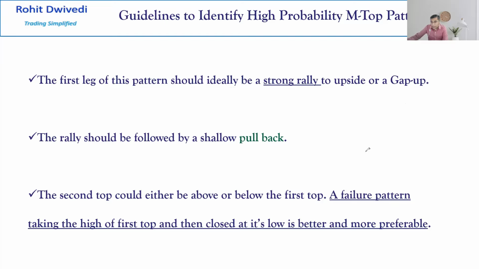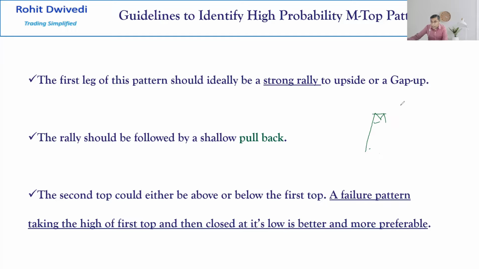So after a straight move, we should have a shallow pullback, because when prices move back up, we will have sellers sitting here, which will move the prices to the downside. So this is the importance of the shallow pullback. The third point says the second top could either be above or below the first top.